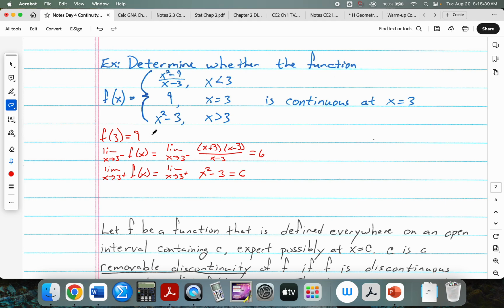So what I would do, because I'm lazy, I would go back up to here and go, this is not equal to the limit as x approaches 3 of f of x, which was 6. Therefore, f is not continuous at x equals 3.